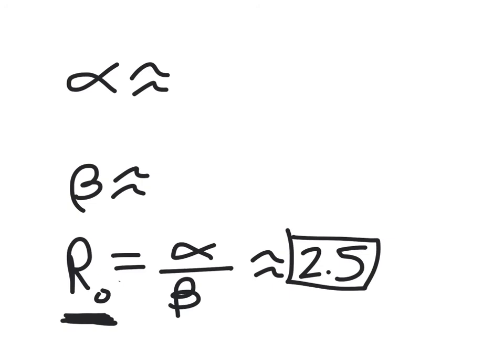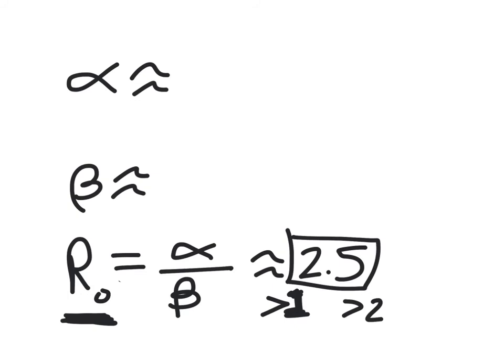Now, really, that's sort of a guess, sort of a hypothesis. We're very unsure. They know without a doubt that it's greater than 1, because really you don't even call something an epidemic unless this R naught value is greater than 1. That's kind of the definition of an epidemic. But they think that it's probably greater than 2, and it might be even as high as 3 or 4 or 5. We're really not sure.